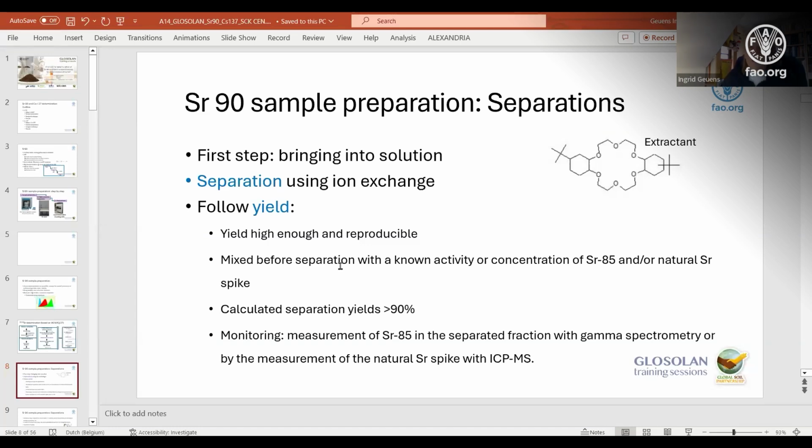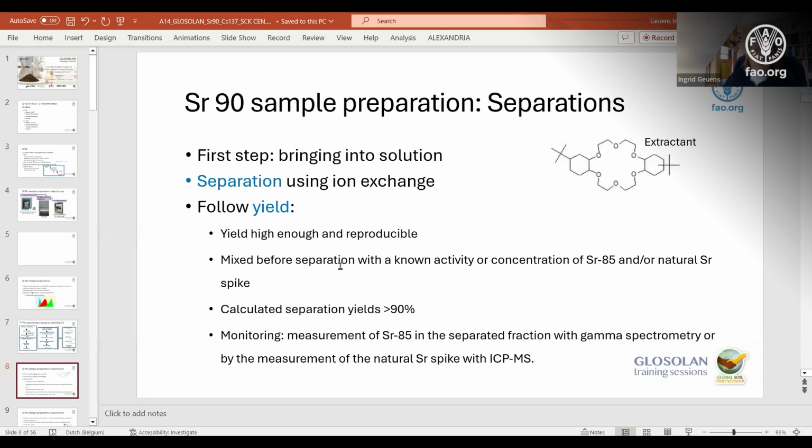We follow by mixing in, before our separation, an activity or a concentration that's well known. Either we use a strontium-85 spike that's well defined, or a natural strontium spike. By doing so, we follow the yield and we know exactly what's coming off. And we know then, okay, our strontium-90 was separated in a normal way, reproducible, and with a high yield.